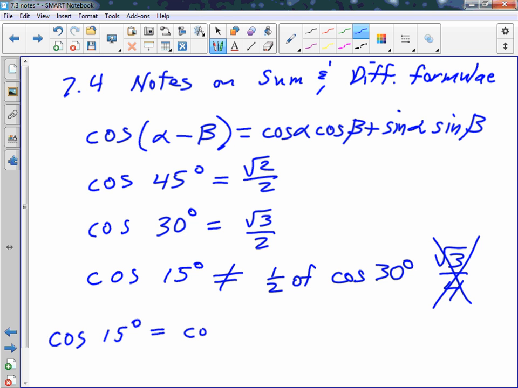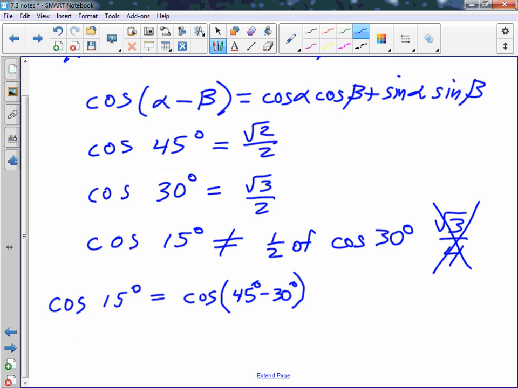So if we use the above example, the cosine of 15 degrees would equal the cosine of 45 degrees minus 30 degrees, would it not? 45 minus 30, 15. Okay, we're cool so far.